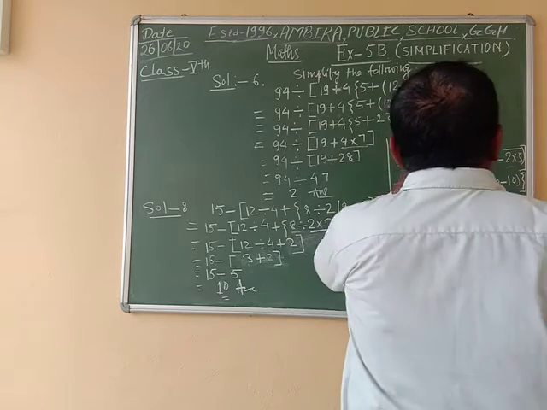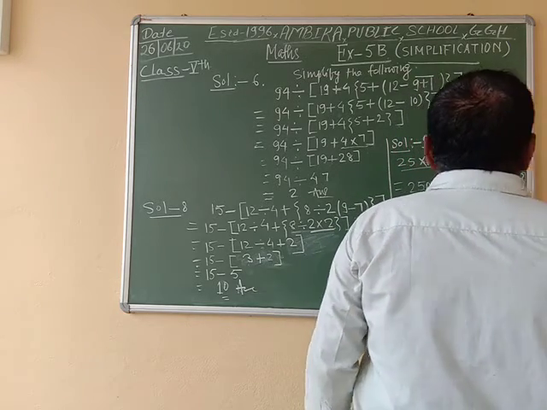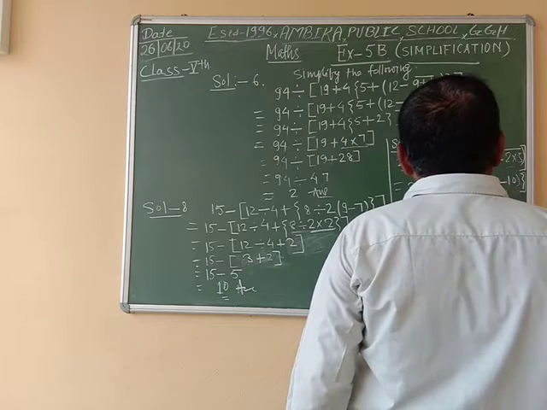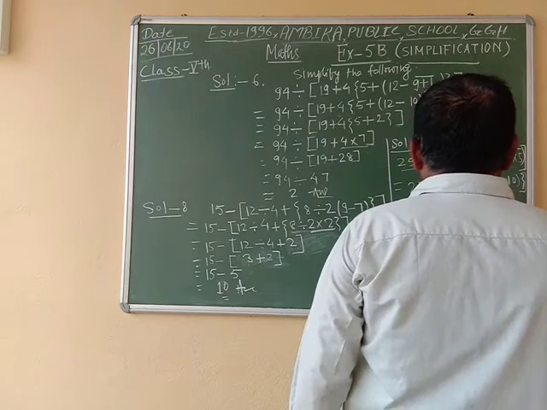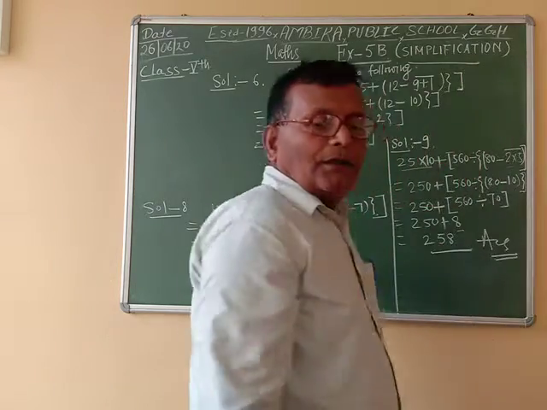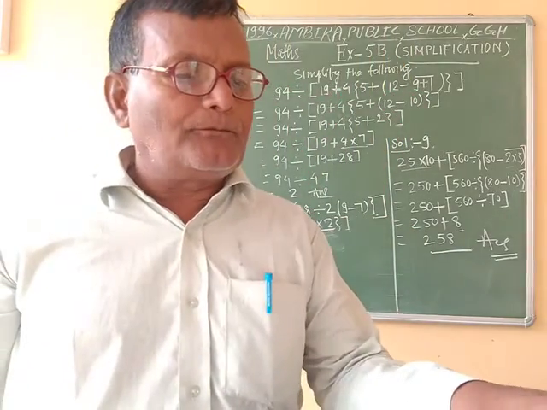Now we subtract 10 from 80, we have 70. After dividing 560 by 70, we get 8. So adding 8 and 250, we get 258. So this exercise is completed.